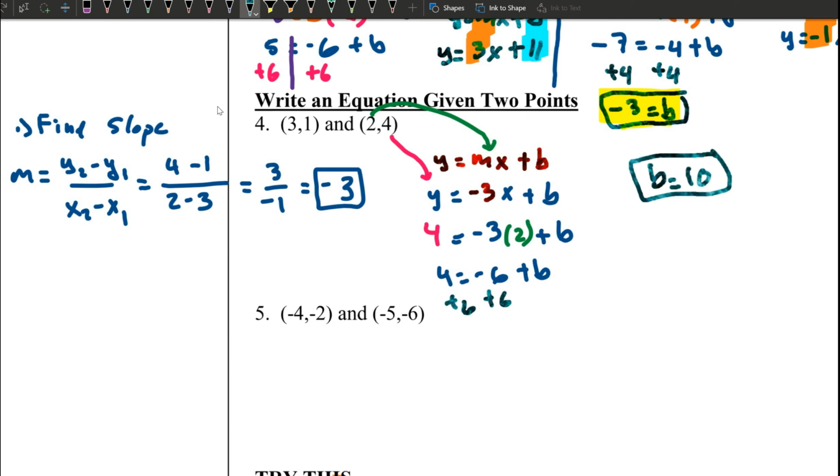Now we can put them together. This problem is a step up from the other one in that you need to find the slope. The procedure for the other half of the problem is the same. So m is negative 3, x plus b, which is 10.